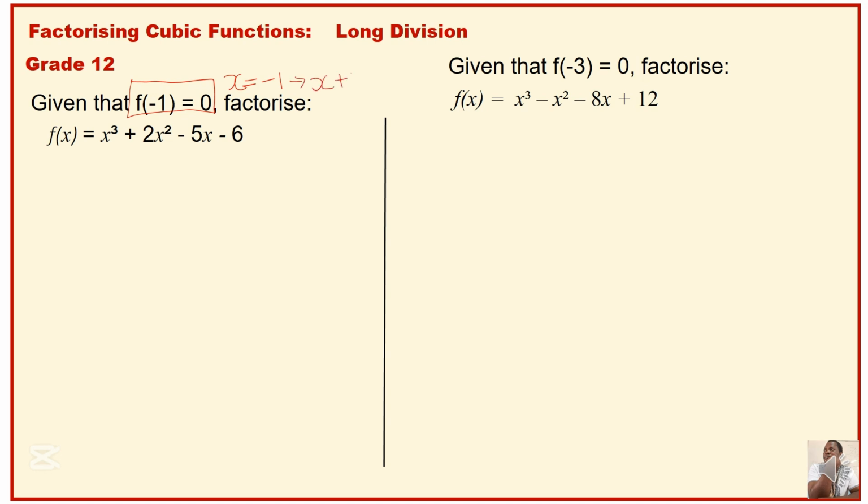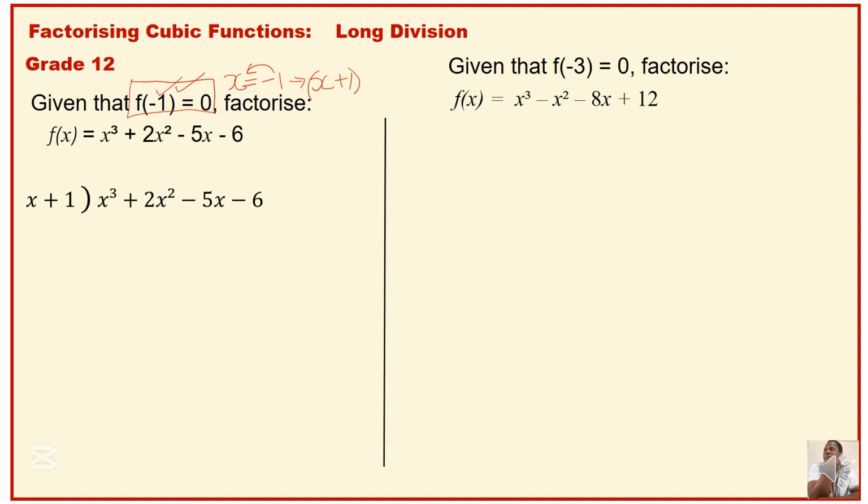It means the first factor of this expression is x plus 1. Simply put, we're transposing the negative 1 to the left, where it will become a positive 1. So our factorization starts by using x plus 1, and this x plus 1 is coming from the value of x that is given in the brackets here.